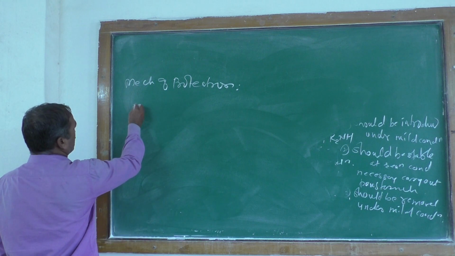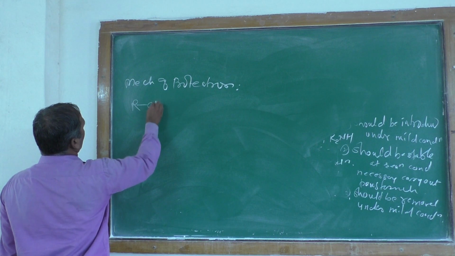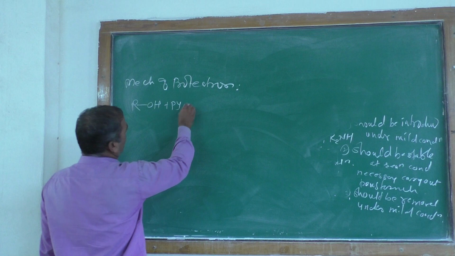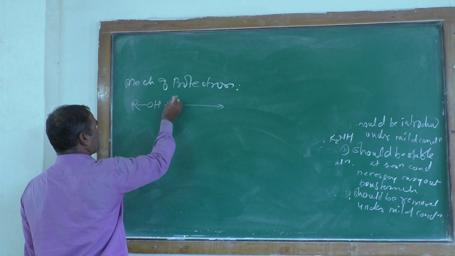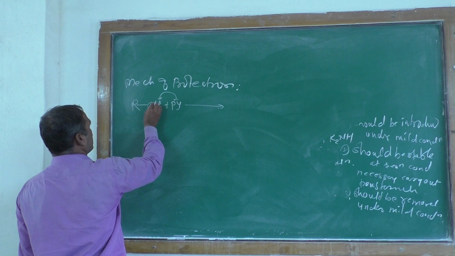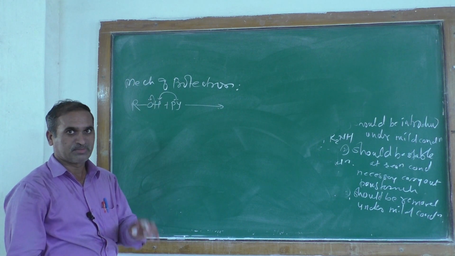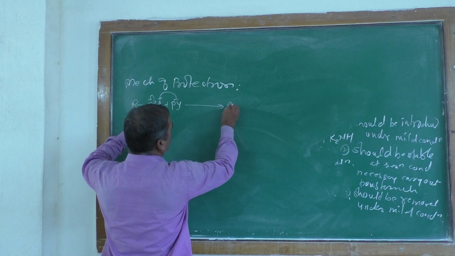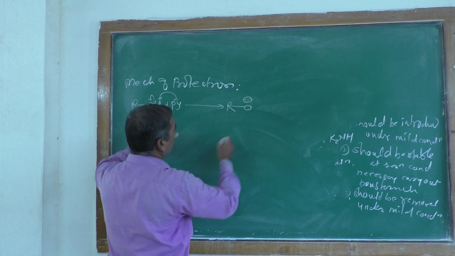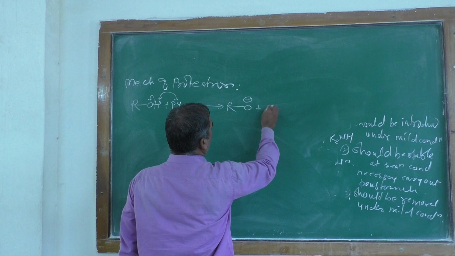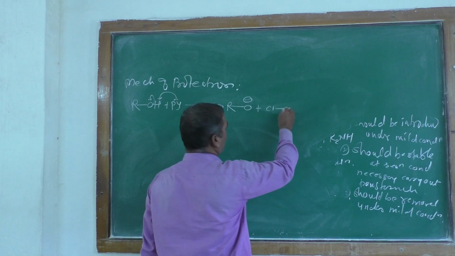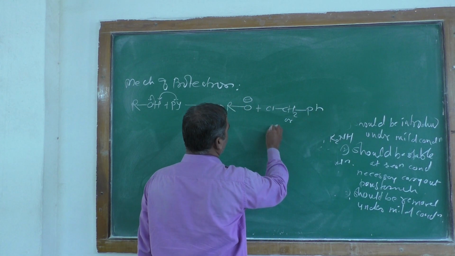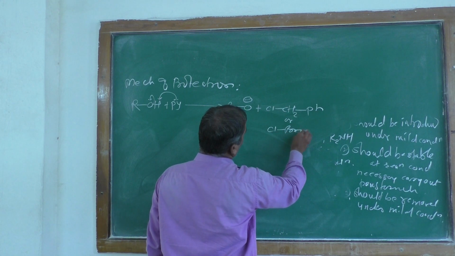Now here the starting compound, we know, is ROH, right? This is an alcohol. Then in a basic condition, we are using pyridine. The function of pyridine base is to abstract this proton, leaving behind a negative charge. So oxygen acquires a negative charge, RO minus, and then it is treated with Cl. For the sake of convenience I am writing CH2Ph, or we can write Cl and benzyl like this.